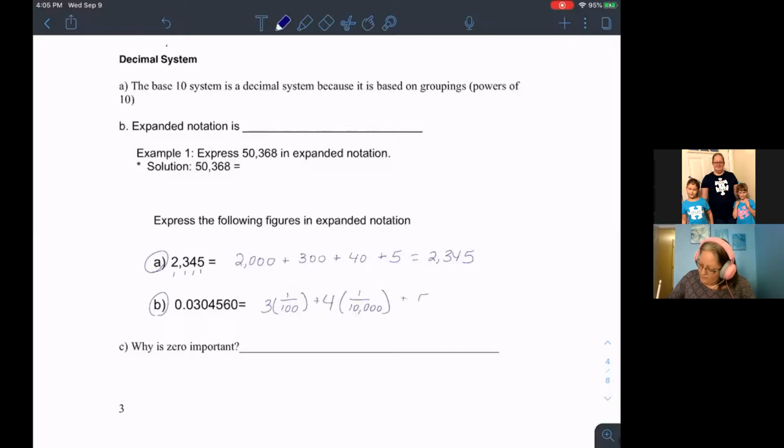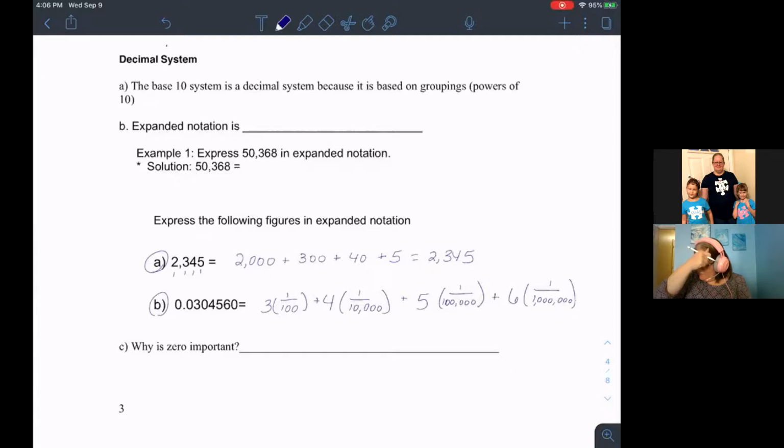Plus 5 times 1 over 10,000, or sorry, missed a 0 in there, 100,000, plus 6 times 1 over a million, plus, oh, that would be it. The rest are all zeros.